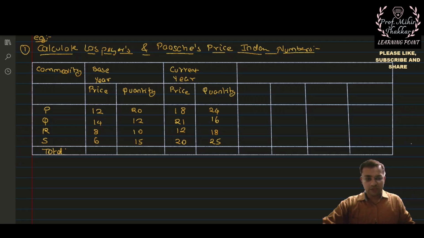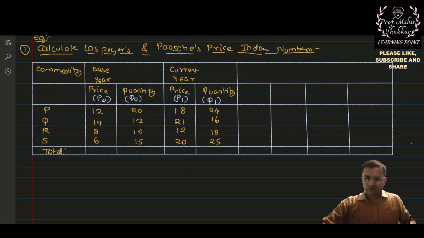So, as per the notation, we will write this as P0 and Q0, and the current year price and quantity as P1 and Q1.